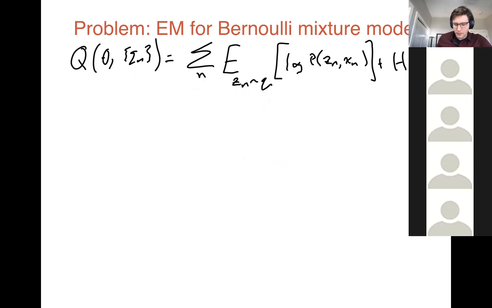Okay, and the question asks you to simplify, so let's simplify. Sum over n, keeping that. We're going to write out our expectation. To do our expectation, we need to sum over the possible values of z_n.